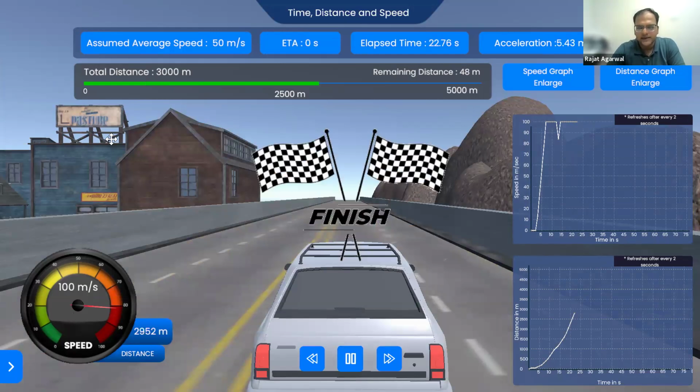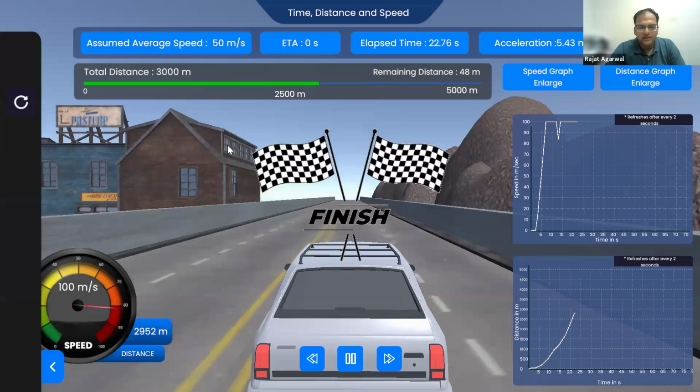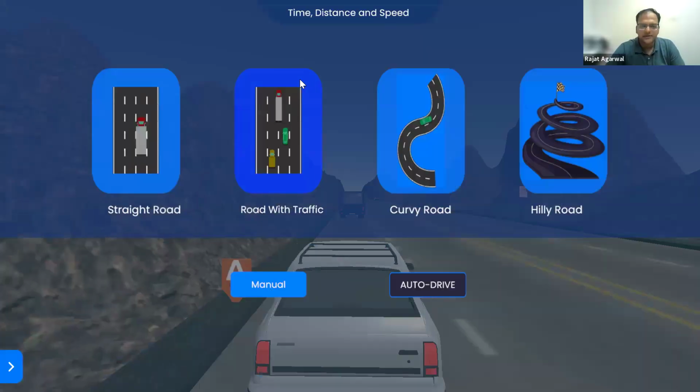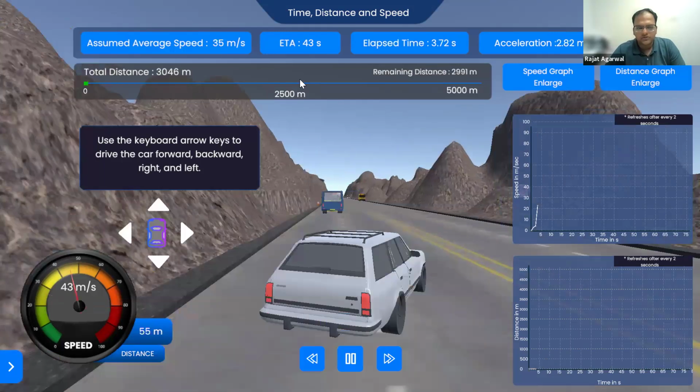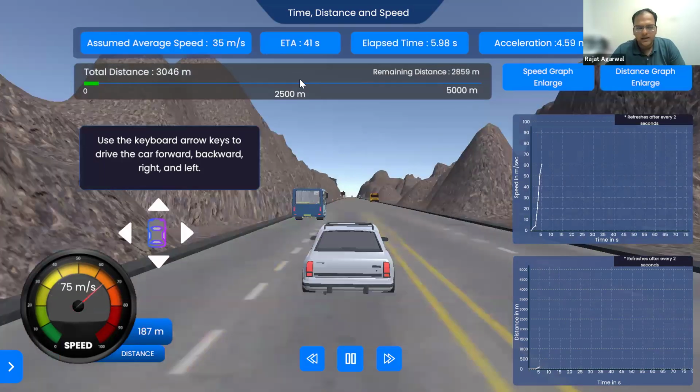Very, very interesting. I feel like I keep playing this game over and over again because it's such an interesting game which is being created and shows everything, right? Shows all the things in it. So let's say, for example, if I take a traffic road, so the traffic road is going to affect our timings.